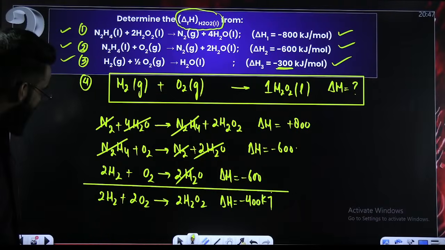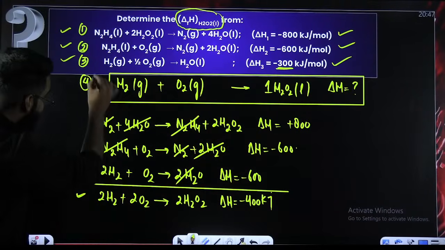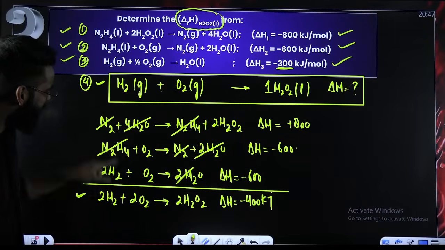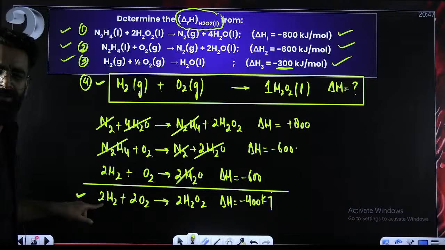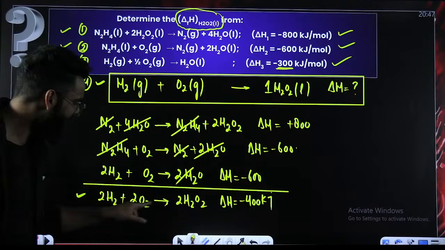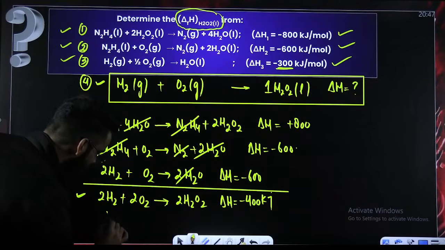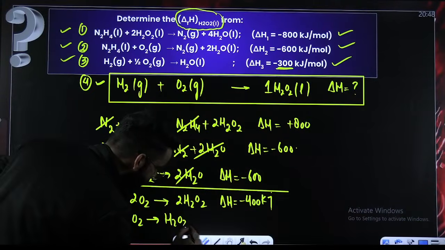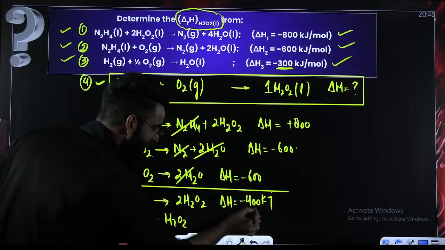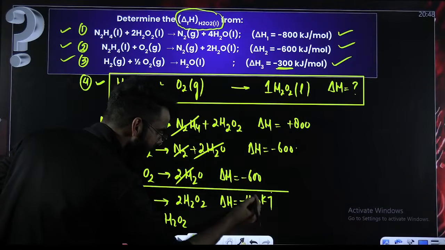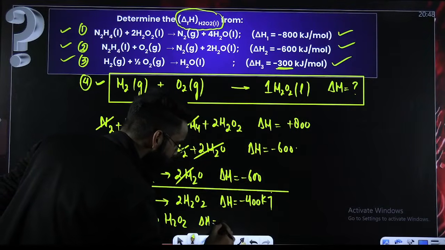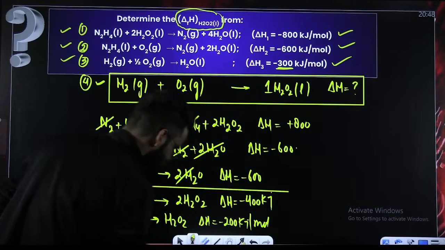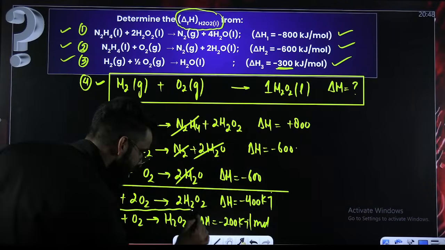Now, people, is this reaction and this particular reaction the same? They're almost the same, but the only difference is the stoichiometric coefficient, right? So if I multiply this reaction by 1 by 2, that 1 by 2 has to be multiplied with this number as well. 1 by 2 into 400 makes it minus 200 kilojoules per mole. So dear students, look at this equation carefully.